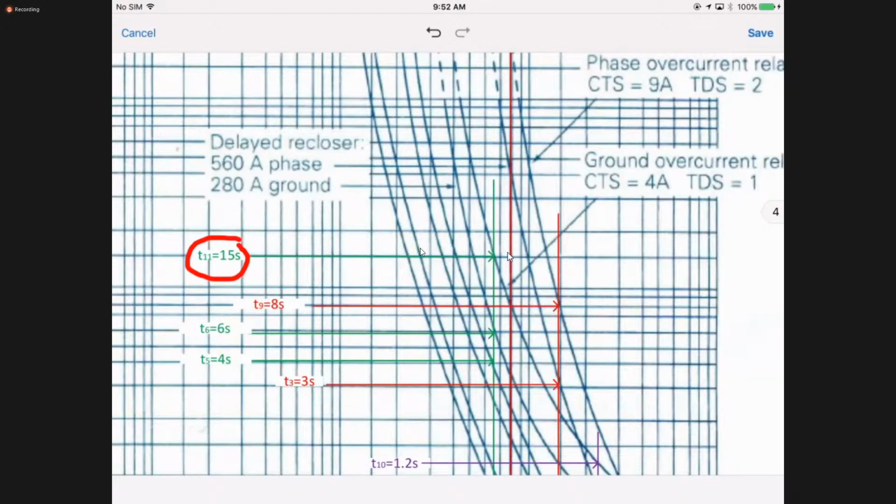Now if they ask you what is the time of the relay, the time to ask the recloser to open, then you have to add the 0.07 for this case, which is the fast open, and then the reclose 0.5 or 0.6.